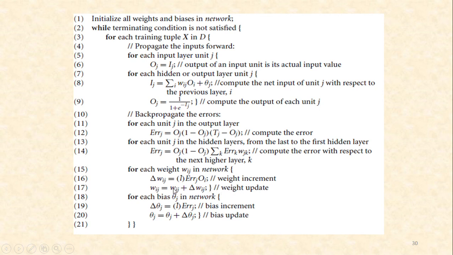And once we have updated the weight, there is another quantity called the bias quantity. Again, change in bias is equal to L into error j. Error j is a similar factor value which we have calculated before. And the bias update, theta j is equal to theta j plus delta theta j.